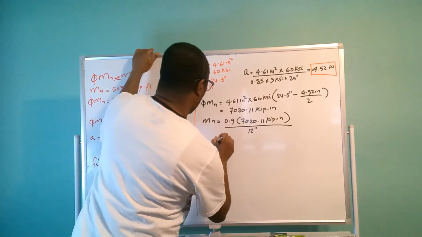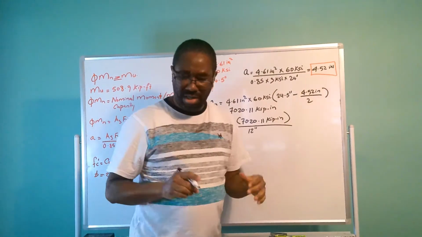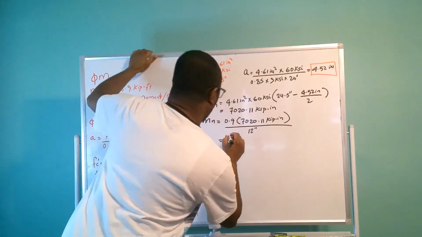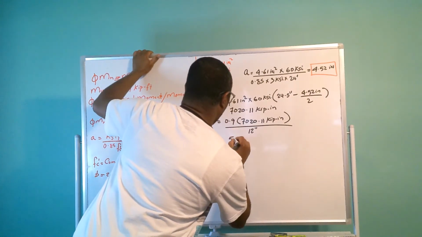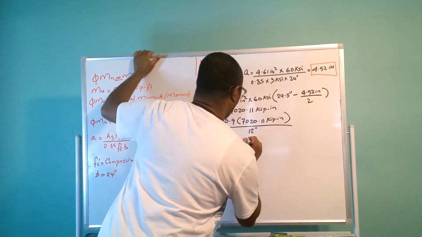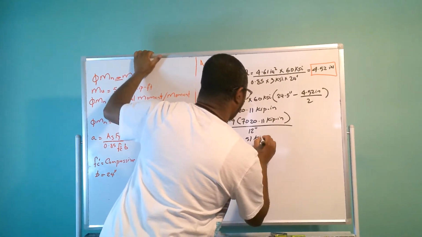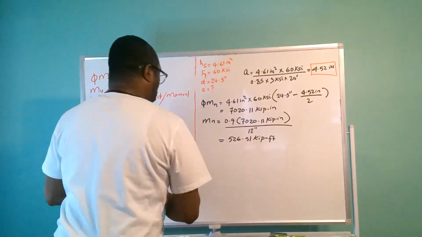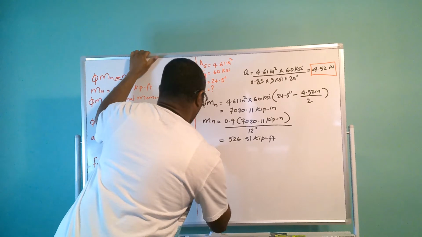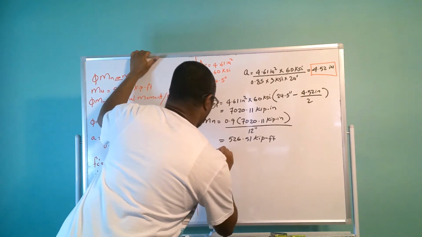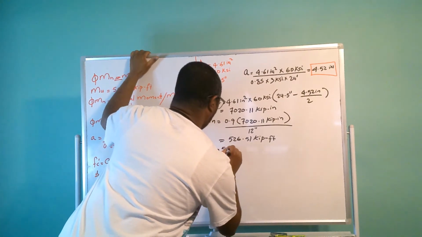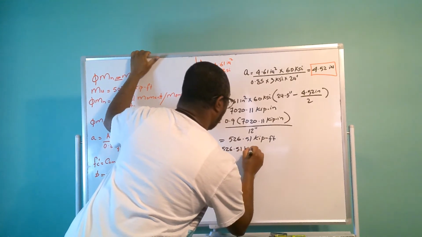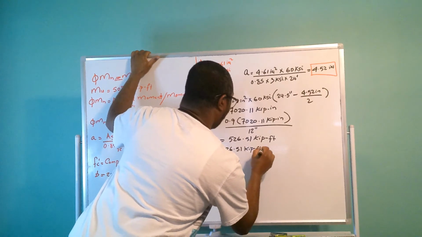If we plug that in the calculator, we end up with 526.51 kip-feet. So our phi Mn is going to equal 526.51 kip-feet.